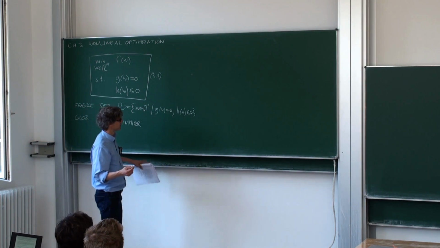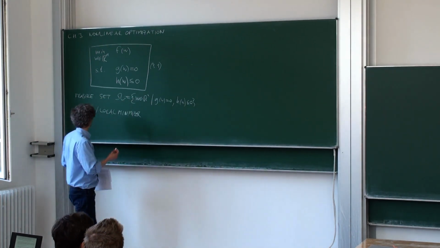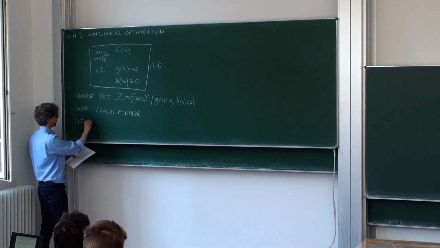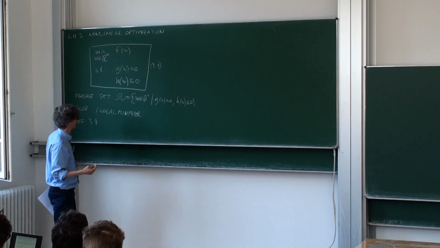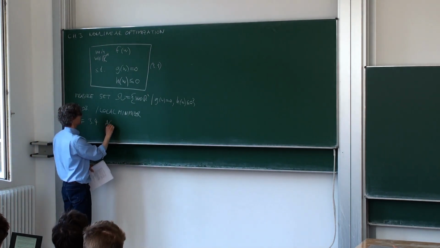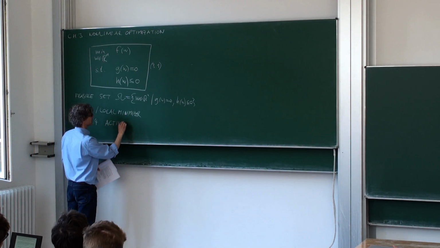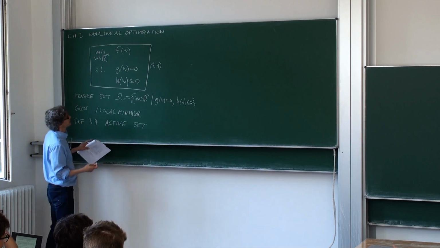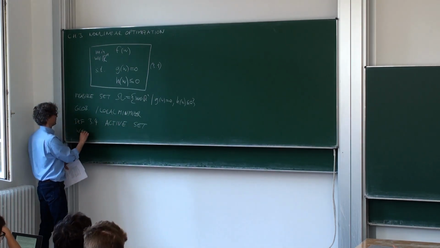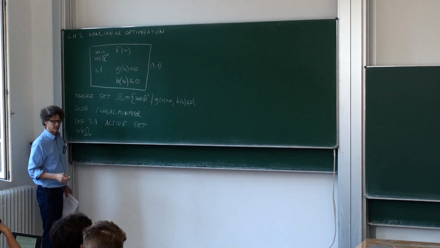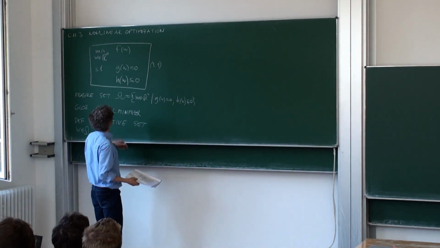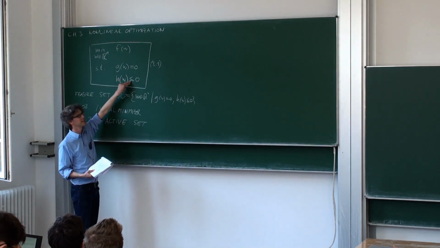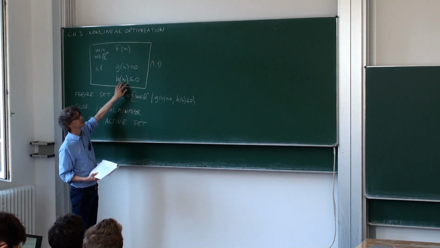And there's one definition I want to repeat because I will also use it quite often, and that's the definition of an active constraint. So it's definition 3.4. Notice I jumped over some definitions. An active constraint and an active set: if you have a feasible point, so if you have a w which is part of this feasible set, then you could check at this point. Of course, the equalities need to be satisfied, but the inequalities can either be strictly satisfied or they can be satisfied with being zero here, right?